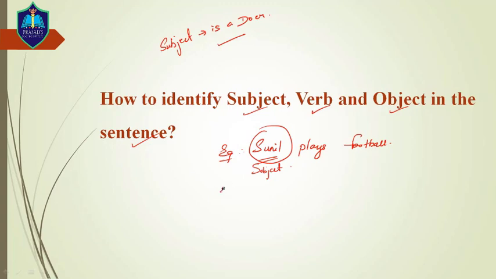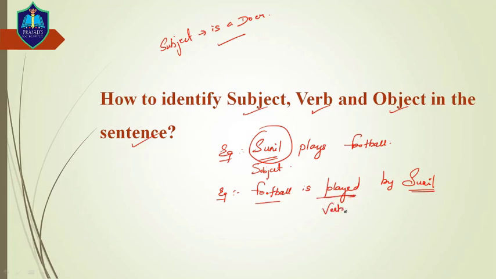So I'm just taking another example here. Football is played by Sunil. So is football the subject or is Sunil the subject over here? If you ask me, the verb is played, right?